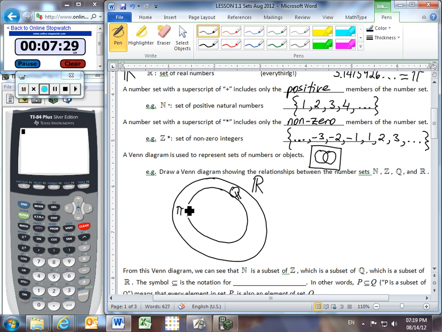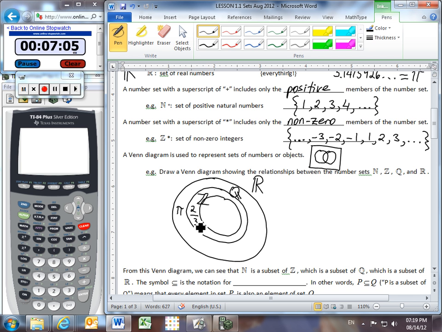Now, inside the rational numbers, we have our integers. I'll denote those with the Z. An example of a number, then, that is a rational number does fit inside Q, but is not an integer, might be some fraction without 1 as a denominator, like 2 over 3.